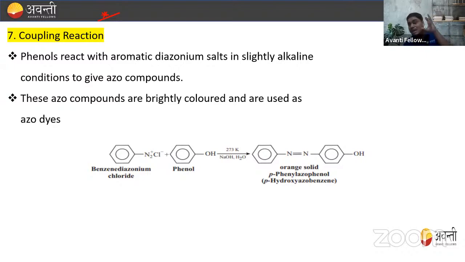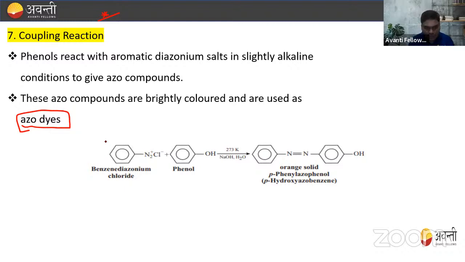As the name suggests, coupling reaction means whenever the BDC reacts with the phenol, they will form an orange solid, also known as para-hydroxyazobenzene or para-phenylazophenol. Let's see this reaction. These azo compounds are brightly colored and are used as azo dyes. Always remember this.